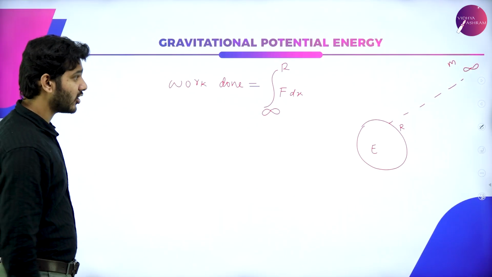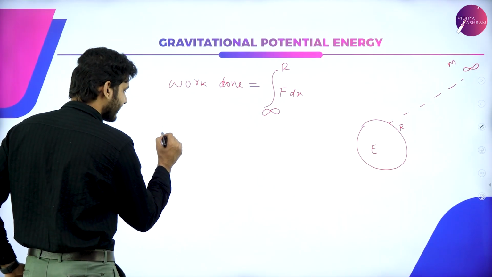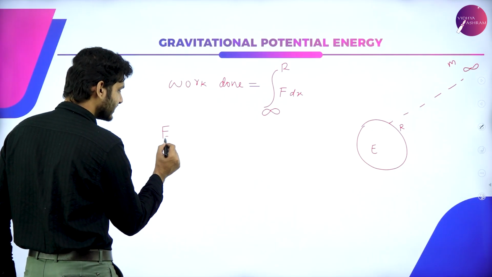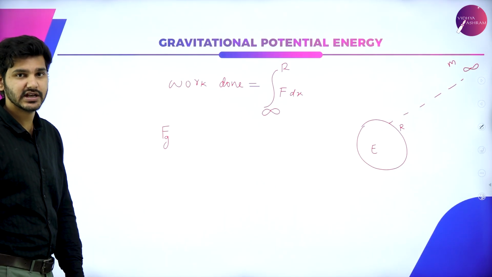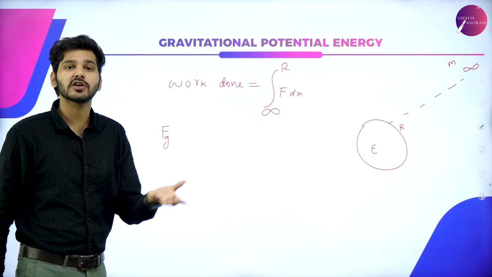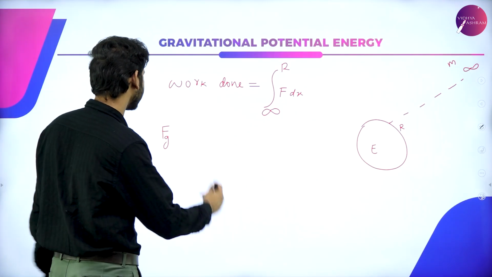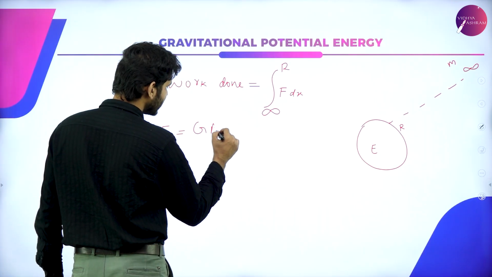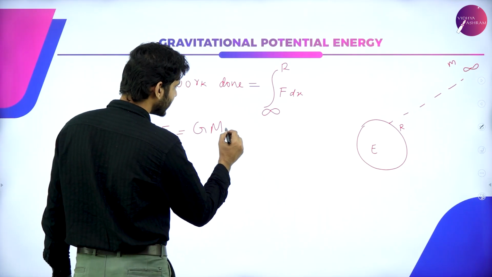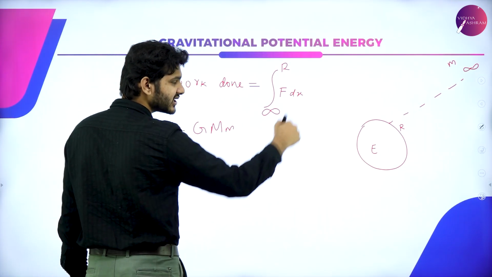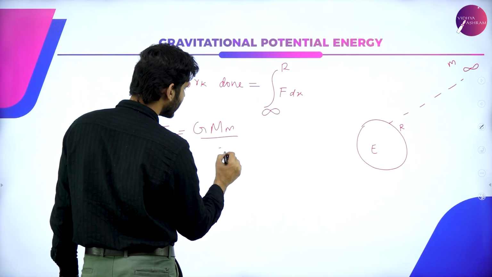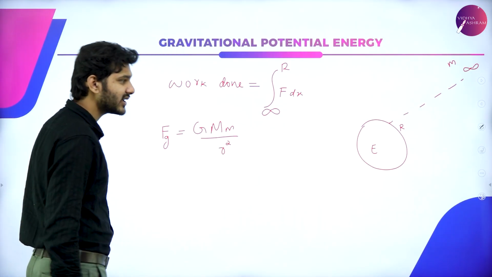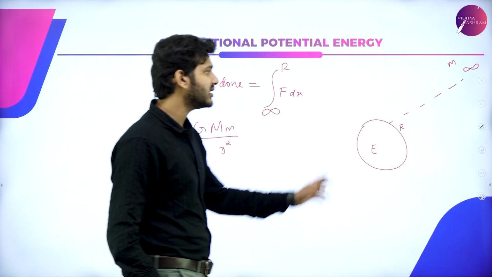So again, f dot dx. What is f? F is nothing but the gravitational force, right? The force experienced here is because of gravity, so it is known as gravitational force. So we can say that Fg will be equal to G capital M, that is the mass of the planet, into small m, that is the mass we are bringing, divided by r squared. R is nothing but the distance between these 2 points.